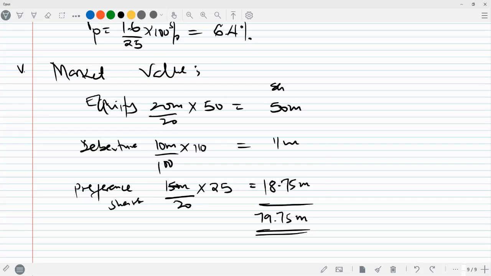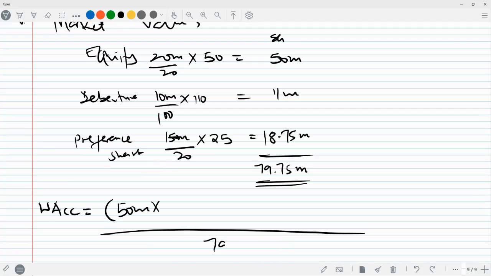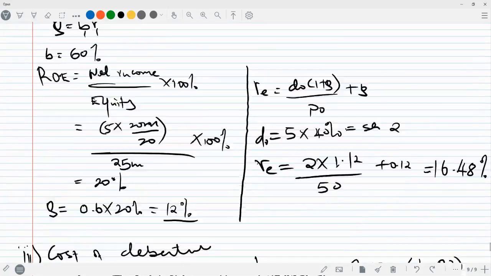Okay. We have the market value and we have the cost. Therefore, now we can get the weighted average cost of capital. We begin with equity, market value 50, divided by the total 29.75 million. We multiply with the cost of equity, which from working we got 16.48%.